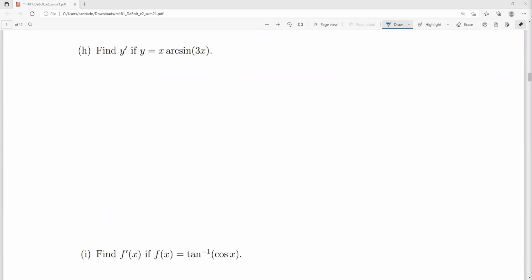Something I want to note is that the derivative of sine inverse, again, sine inverse and arcsine are the exact same thing, right? The derivative of sine inverse is equal to 1 over the square root of 1 minus x squared, okay? And of course, since in this case we don't have x, we have 3x, we're also going to have to apply chain rule there, right?